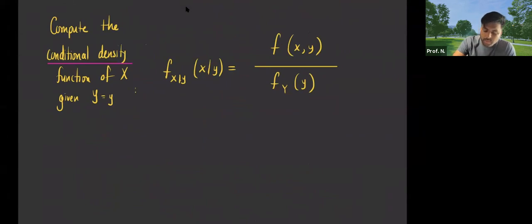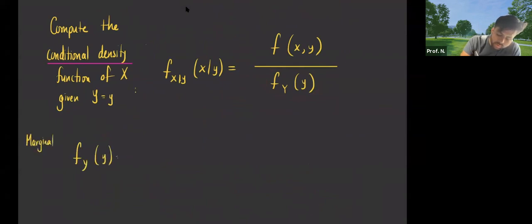In this case, we're not dealing with summations, we're dealing with integrals. So how do you find f of y? Again, this is the marginal density of y. So how do we find the marginal density of y if we have a joint density function?